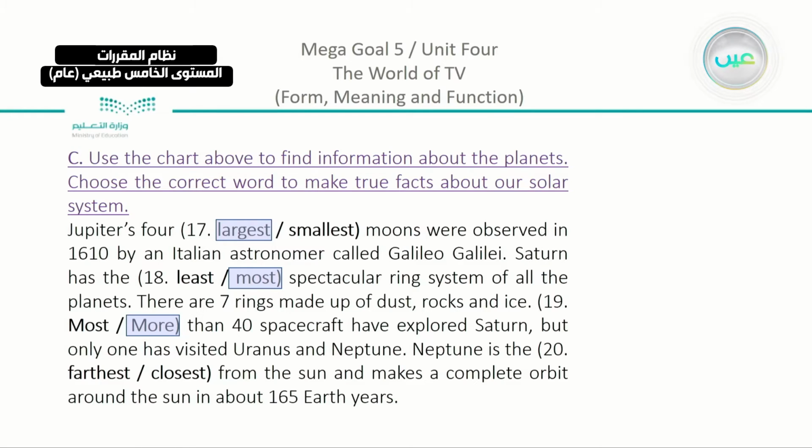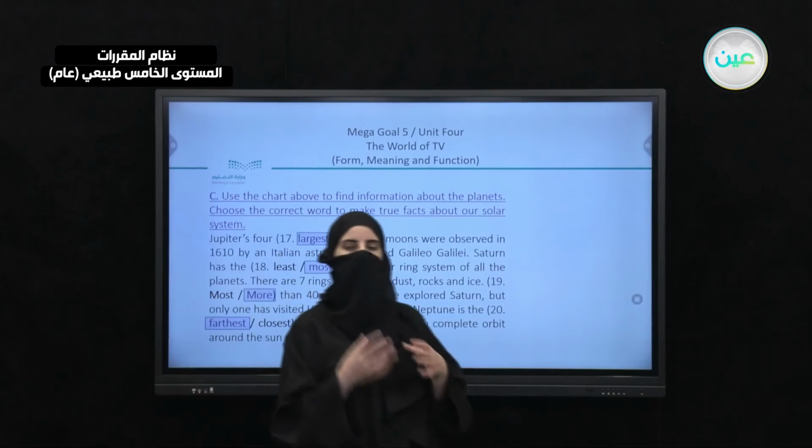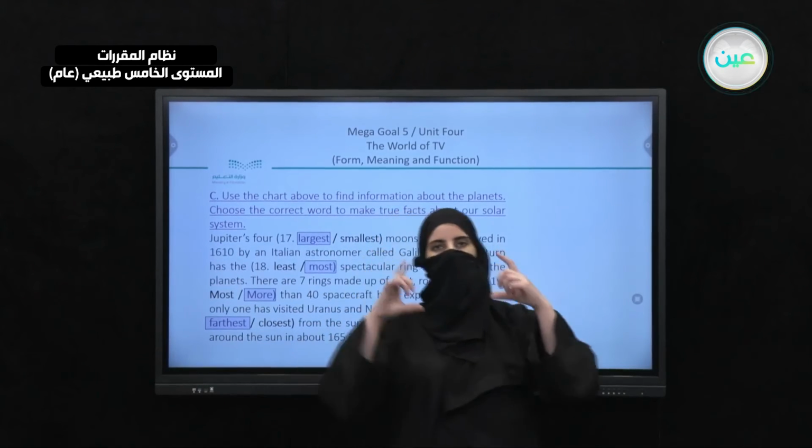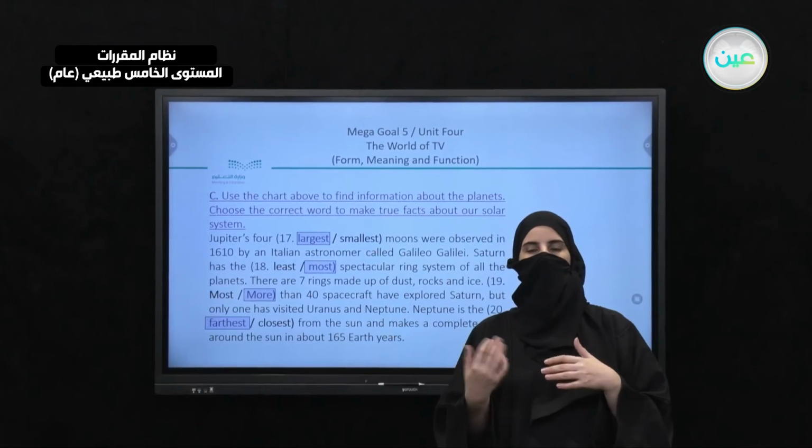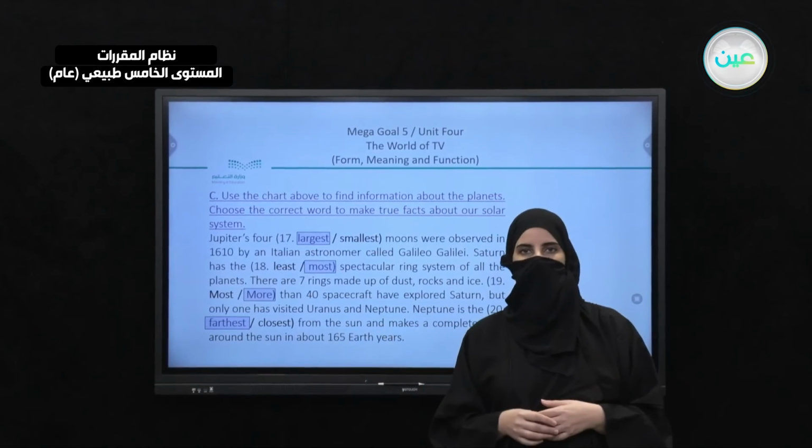Neptune is the farthest from the sun and makes a complete orbit around the sun in about 165 Earth years. So again, this exercise is a very long exercise in the book, but you don't have a problem with it because you are going to just focus on the structure part and why I chose this answer.